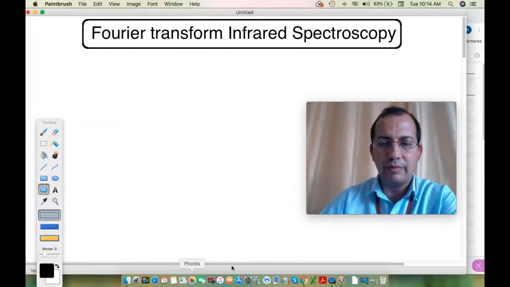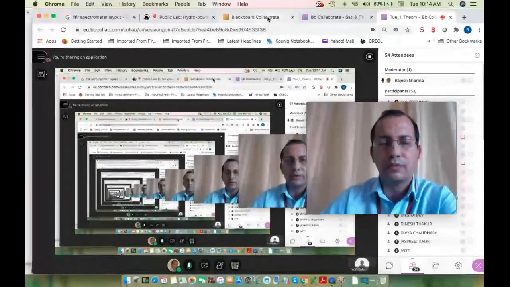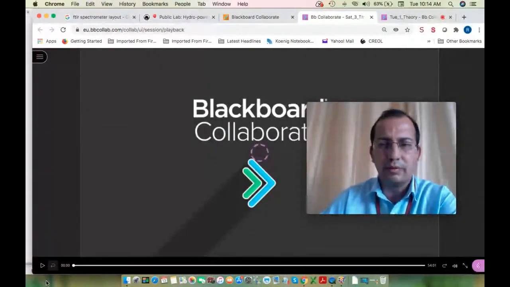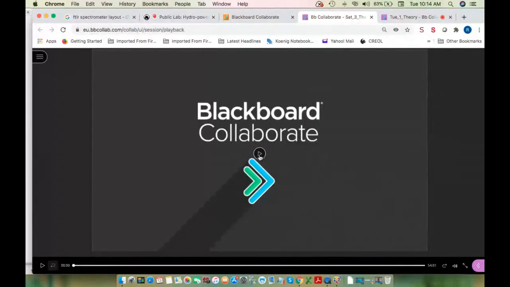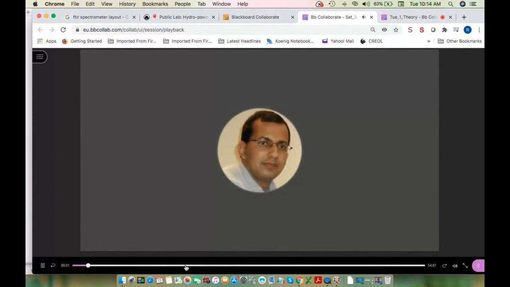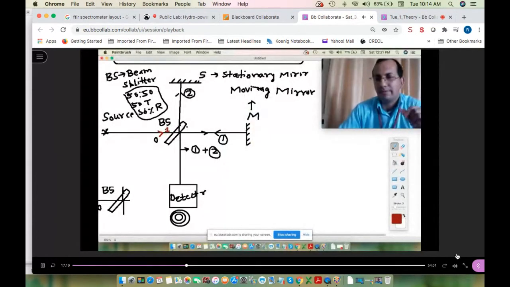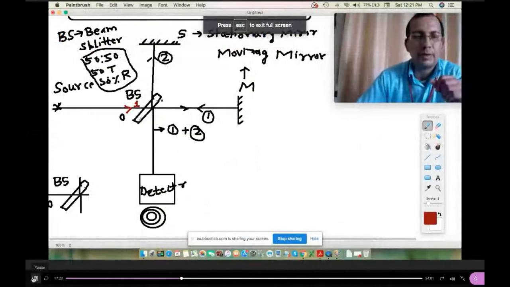If you recall what we have done, let me pull out that information for you. So what we have discussed is that the integral part of the FTIR spectrometer is a Michelson interferometer, which is nothing but you divide the incident beam into two parts. So what will happen in this case? We have come to a conclusion.